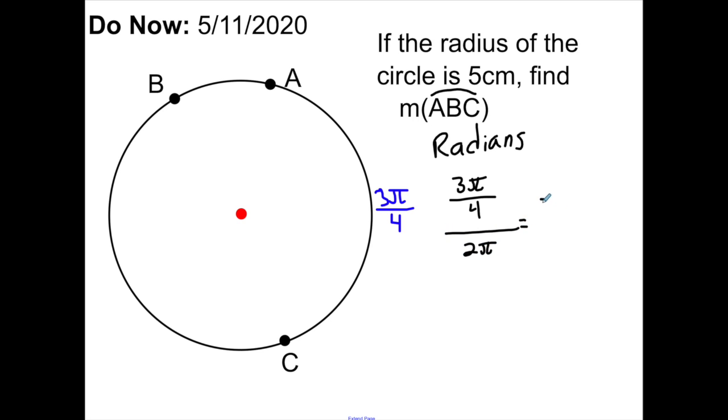So we're taking 3 pi over 4 and multiplying by 1 over 2 pi. So we get 3 over 8.